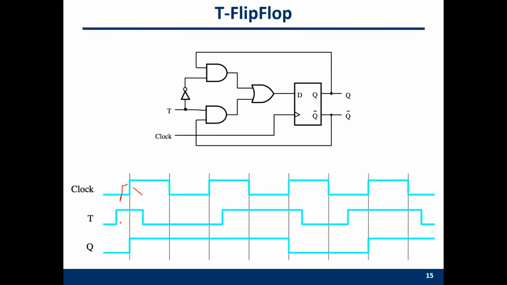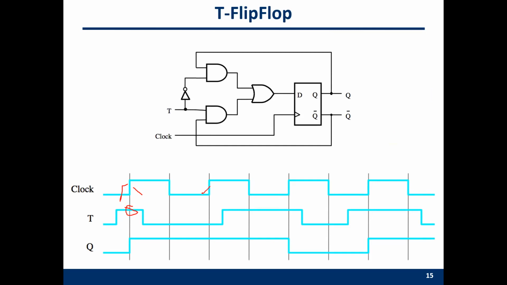At the rising edge, if your T is high, then the output will change, will be inverted. Originally, Q value is 0, then it will be inverted to 1.